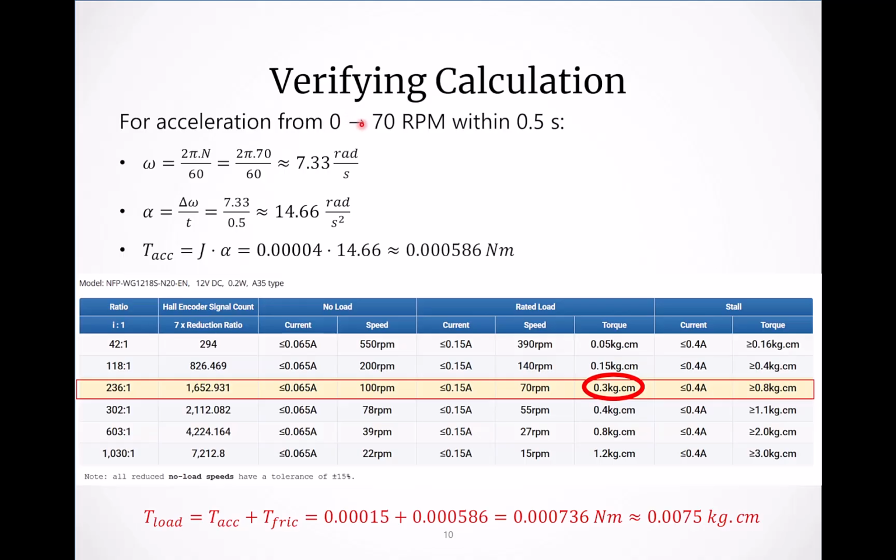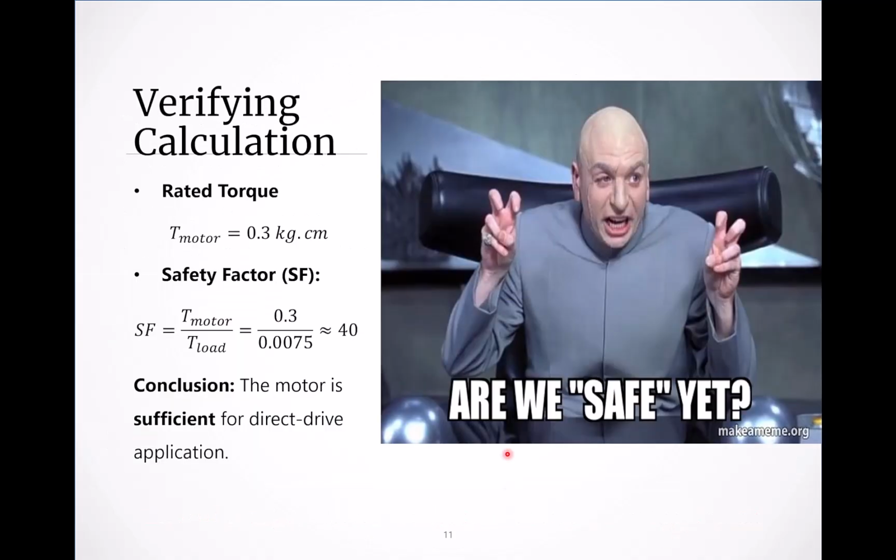Here is the verifying calculation. Even calculating at a speed of 70 RPM, the required load is still extremely small, only about 0.0075 kg/cm, and the motor provides 0.3 kg/cm, so we can calculate the safety factor is 40, which is more than enough for this application.